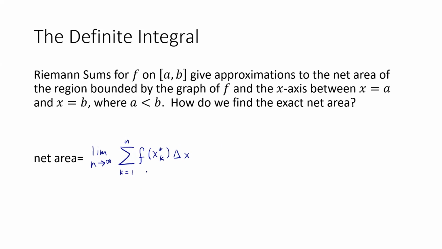By doing this, we're essentially filling in all the little gaps that are left when we use rectangles to approximate the area. The rectangles themselves are getting infinitesimally thin, and therefore they fill in all the little gaps that are left when the rectangles don't quite fill in the area perfectly.